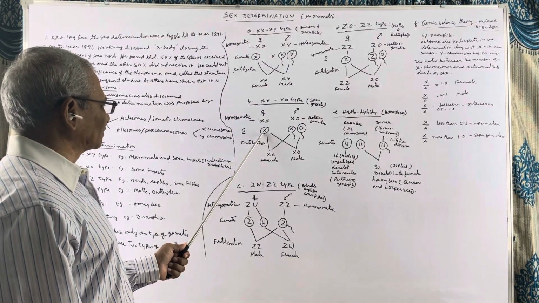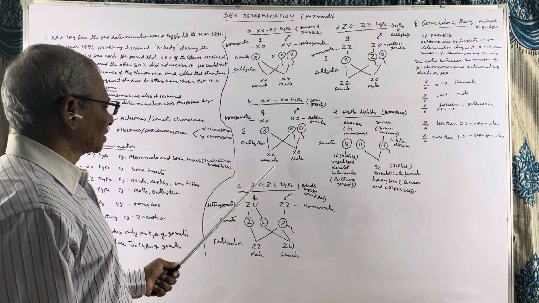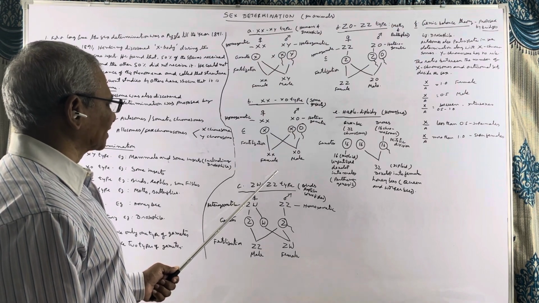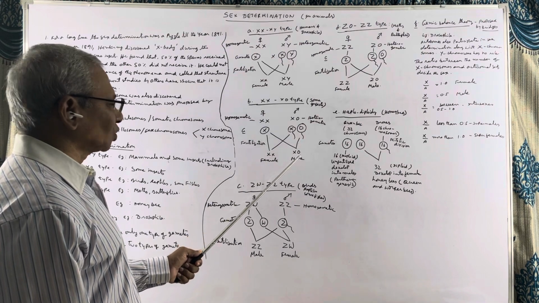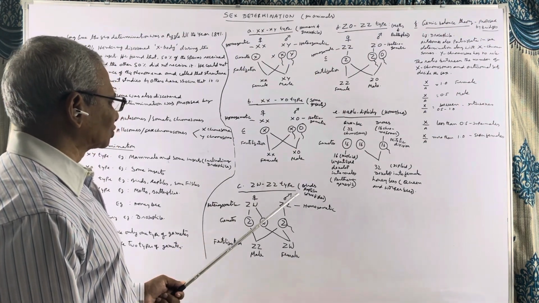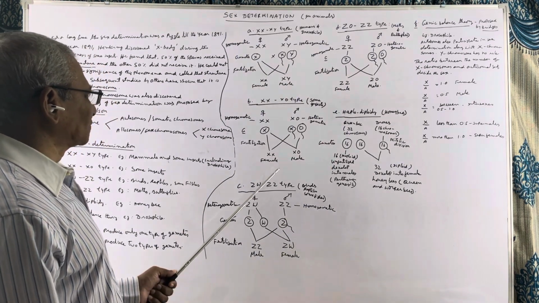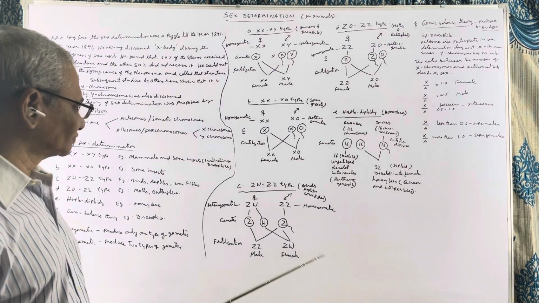Here, if this egg is fertilized by the sperm, we get XX chromosomes, and it develops into a female insect. If the egg is fertilized by the sperm carrying no X chromosome, it has only one X chromosome and develops into a male. In this way, in some insects, sex is determined.